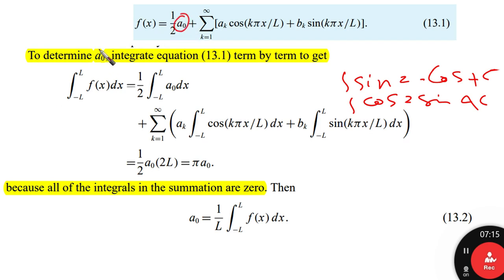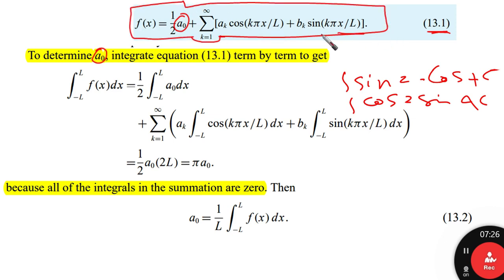To determine a0, we are going to integrate equation 13.1, the equation that we already defined in the previous slide. We use term by term integration to get a0.